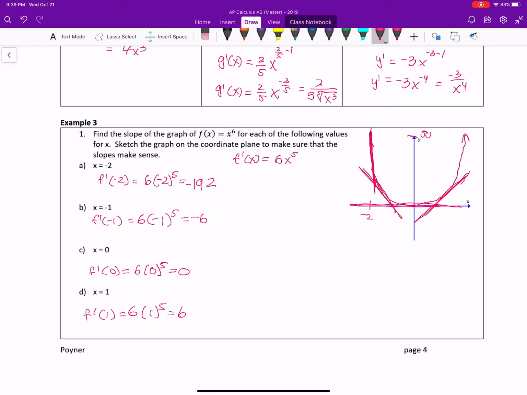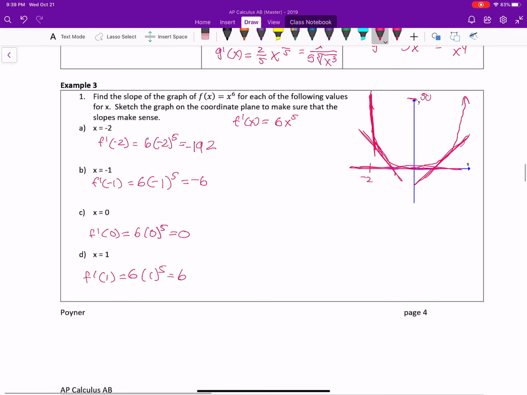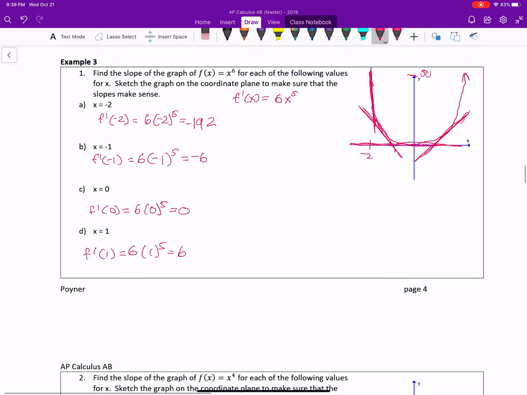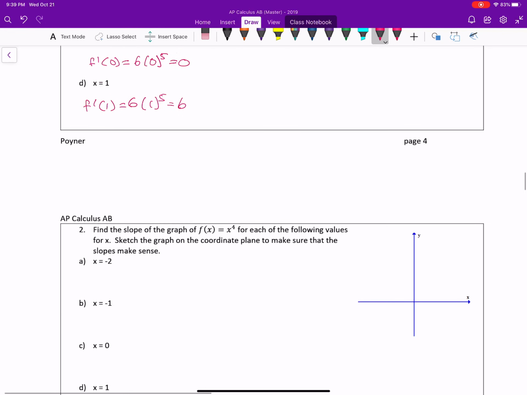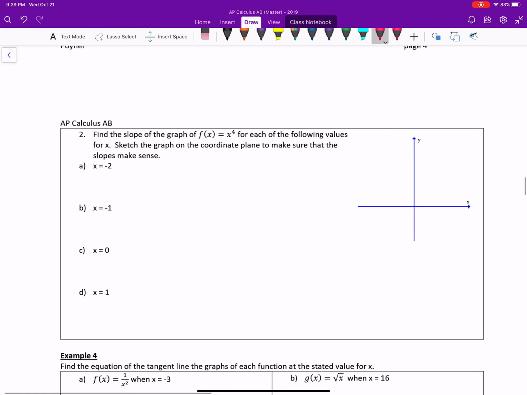All right, I want you to try the second question in example 3 on your own. So pause the video right now and then find the values here. And you can draw it again if you need to.